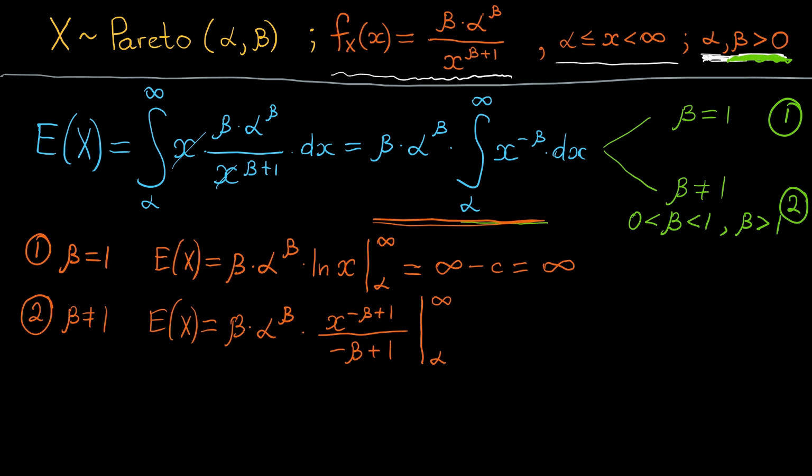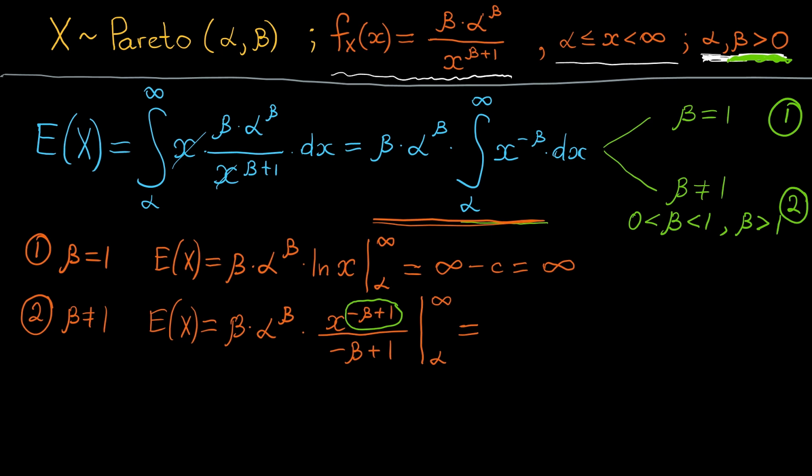Now, let's see if we can make sense of what happens when x goes to infinity. When x goes to infinity, we have infinity raised to the power of minus beta plus 1. And all we know here is that beta is different than 1. Okay, but beta can still be less than 1 or can be greater than 1. And if beta is less than 1, then this exponent will be positive. And if beta is greater than 1, then it'll be negative. And that will make a world of a difference for us here, right?